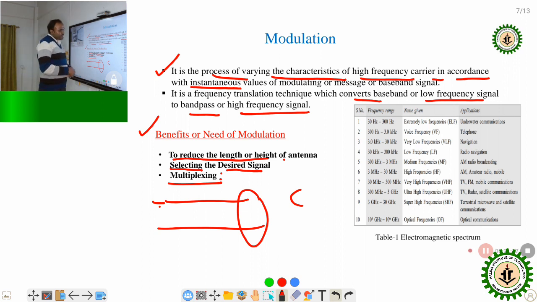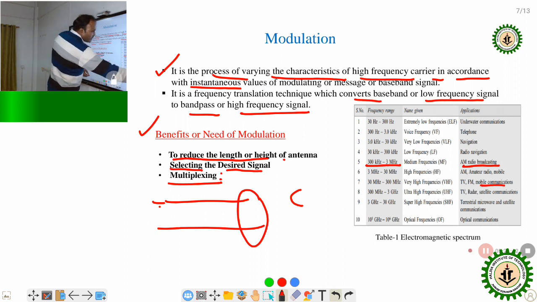Next, in this slide we can also discuss that different electromagnetic spectrum ranges are used for different applications. If you want to go for the AM radio broadcasting system, there we can use a carrier frequency of 300 kilohertz to 3 megahertz. For mobile communication, FM or TV, we can use 30 megahertz to 300 megahertz, which is called the very high frequency range.